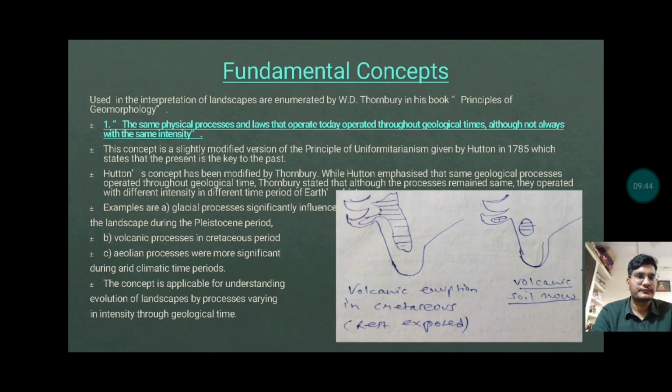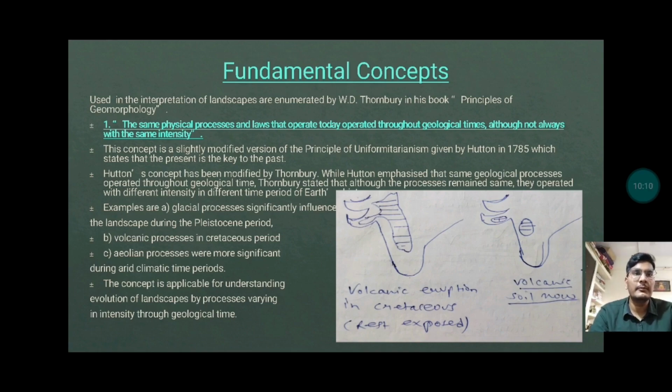I have pasted one handmade diagram also, where you can see that volcanic eruptions happened during the Cretaceous period, and now the area related to volcanic soil is only limited or confined to parts of Saurashtra and Maharashtra.